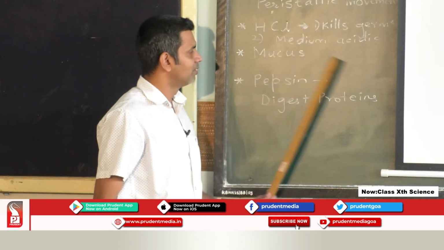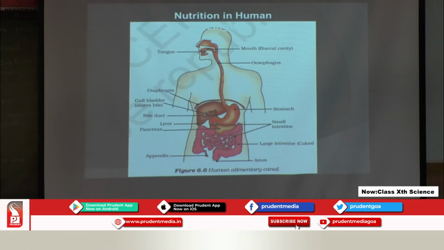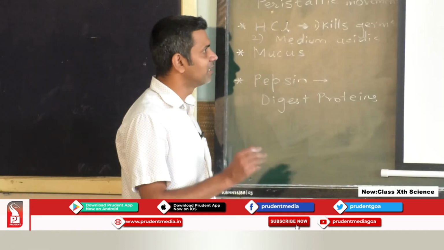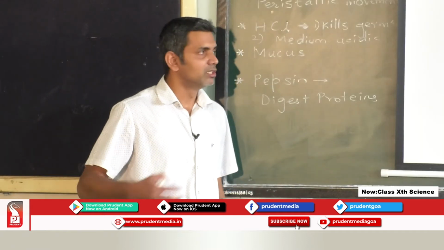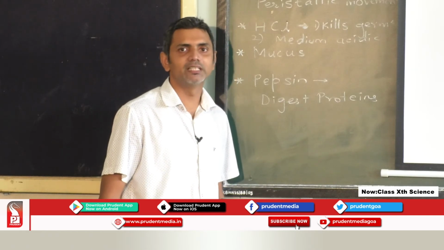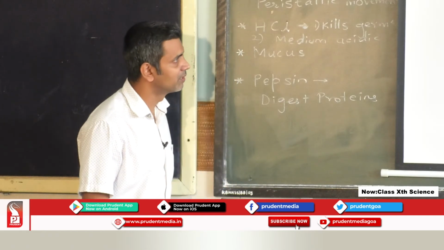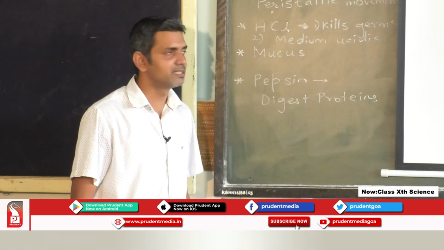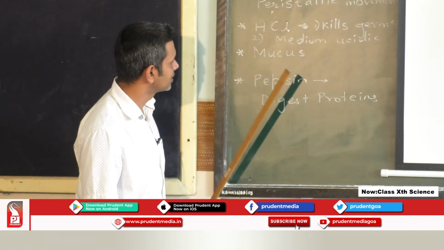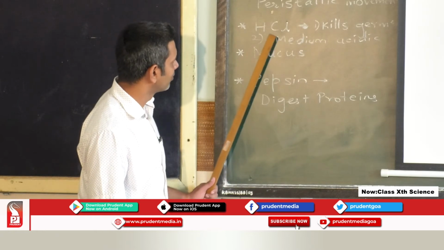Then we have mucus, which protects the inner lining of the stomach from the action of acid. Acid may harm the inner lining of the stomach. Under normal conditions, mucus protects the inner lining of the stomach from the action of acid. So, these are the functions of hydrochloric acid.